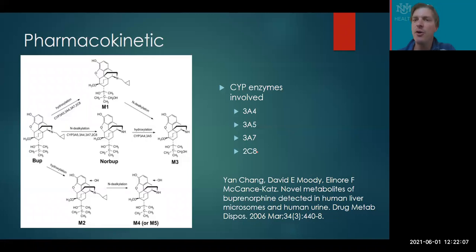Most opiates like hydrocodone and oxycodone use CYP2D6, which is a different enzyme than what is used by buprenorphine. I should also note that, if I don't have the slide, methadone is also metabolized primarily by 3A4 as well.